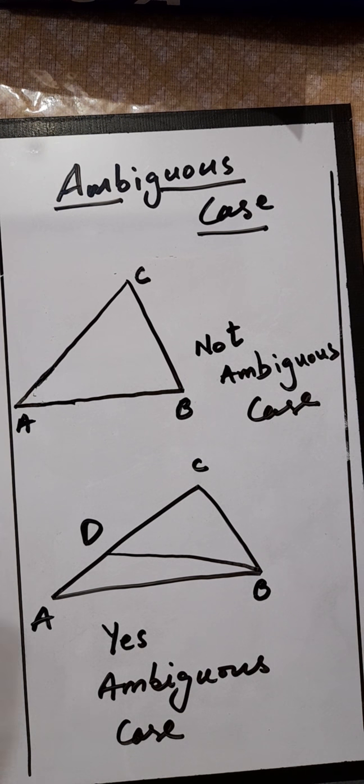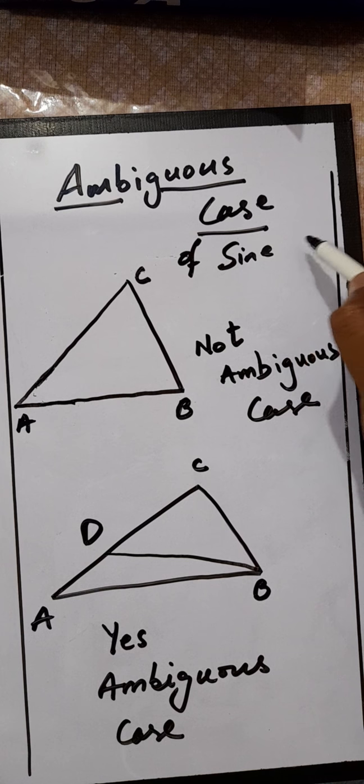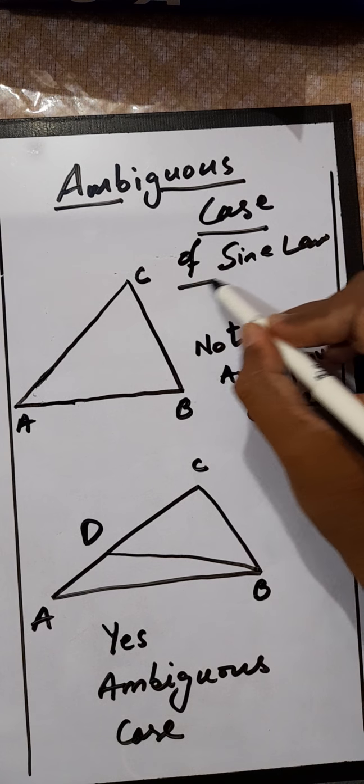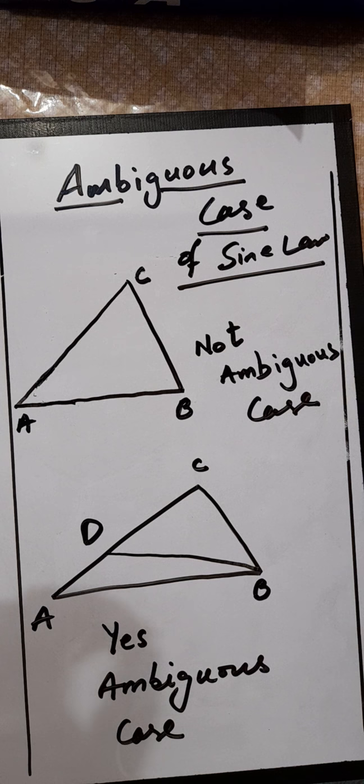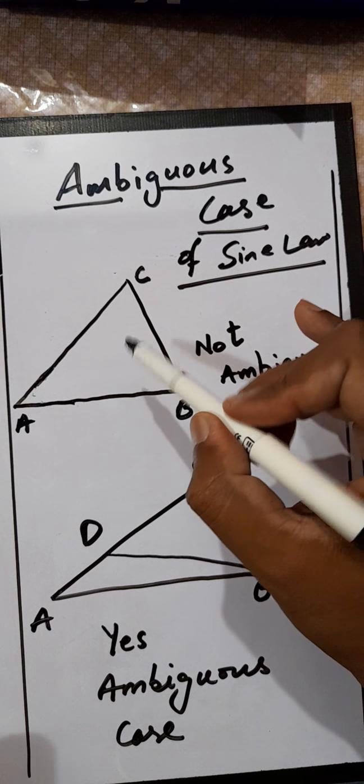So dear students, our today's lesson is about the ambiguous case of the sine law. It is about how sometimes we are in a position or having a case in which we can draw a triangle like this.